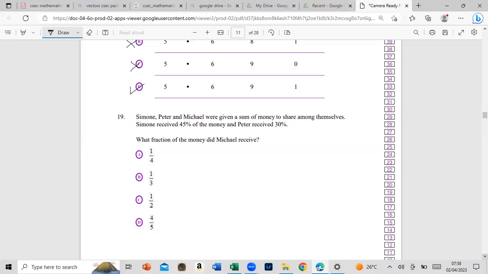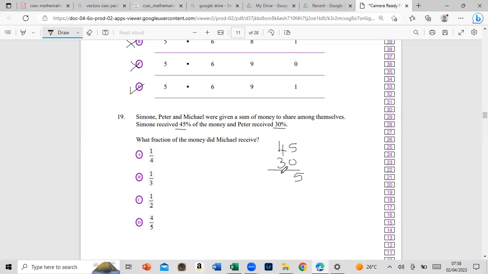All we have to do is to work out the percentage first, and then convert that percentage to fraction. So Simone received 45% and Peter 30%. So it would be 45% plus 30, just to find the total that they got.